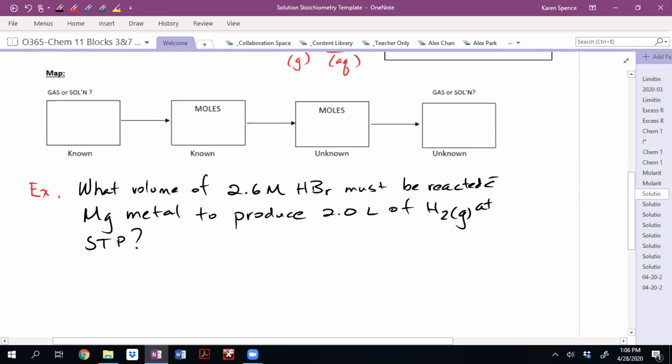So we're going to start with this little map that we have up here, and we're going to identify what our known is and what our unknown is. Take a look at this question and decide what the unknown is. Type it into the chat if you think you know.